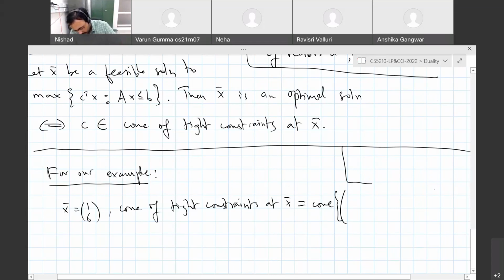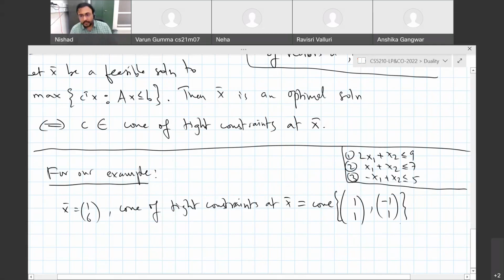So let's write down our constraints. 2x1 plus x2 less than or equal to 9, x1 plus x2 less than or equal to 7, and minus x1 plus x2 less than or equal to 5. So in this case, the tight constraints are the second and the third one. So the cone is 1, 1 and minus 1, 1. So the cone of these two vectors. All possible non-negative linear combinations of these two vectors.